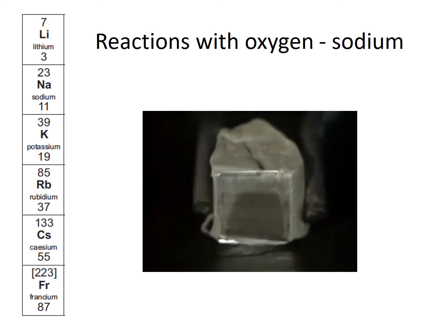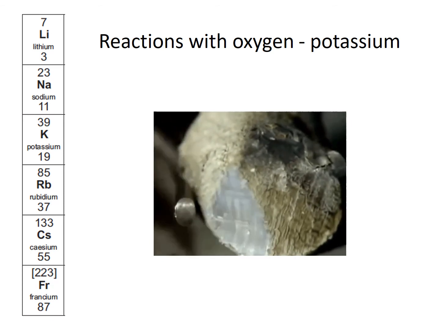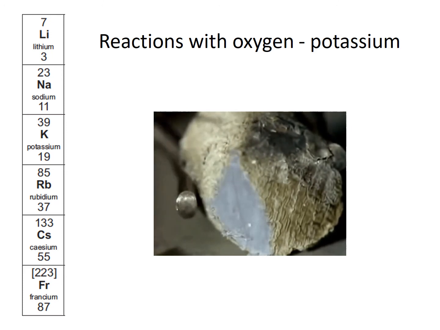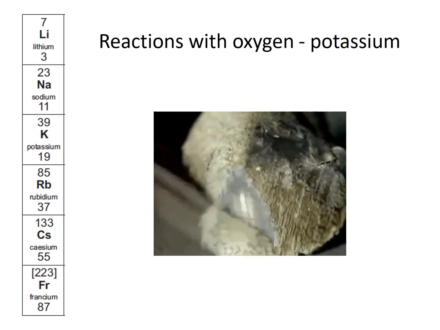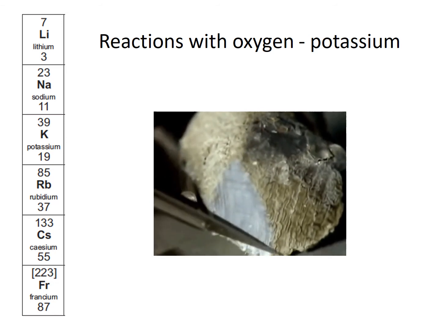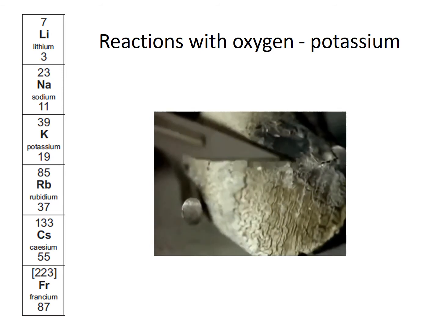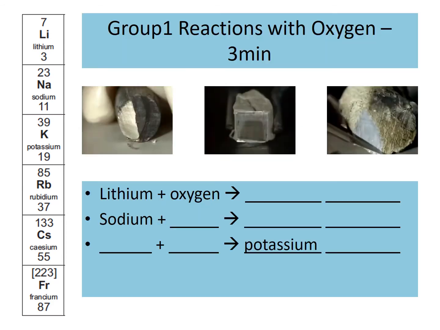And then if we go further down the periodic table, we've got potassium. Now, potassium reacts so quickly that we don't actually get to see the nice shiny silver, because that's how quickly it reacts with the oxygen in the air. So you can see as we go down the group, we start with lithium, then to sodium, then to potassium. As we go down the group, the reactions get quicker and quicker and quicker.